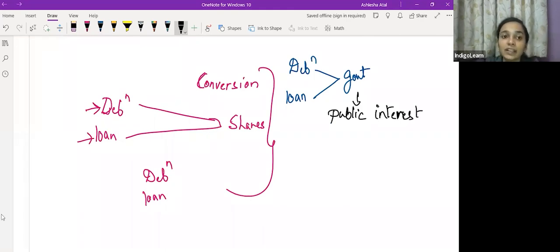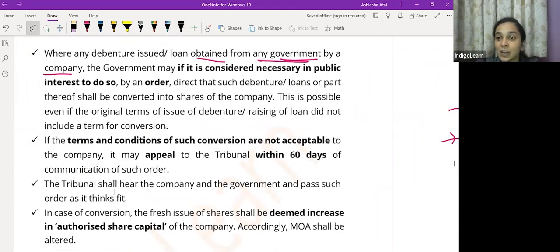यहाँ पे क्या हो रहा है? The debentures are issued or the loan is obtained by the government from the company, and the government considers it necessary in public interest to convert the debentures or the loan which was issued into shares. Then in that situation, the government will pass an order and will direct that these debentures और ये लोन जो है इसको कंपनी को शेयर्स में कन्वर्ट करना पड़ेगा.